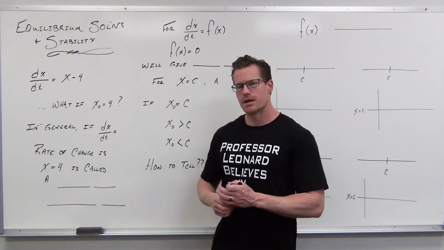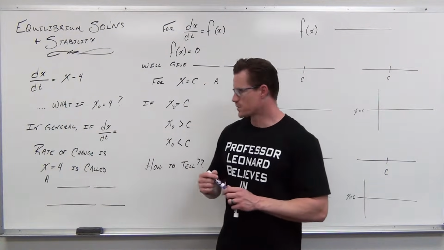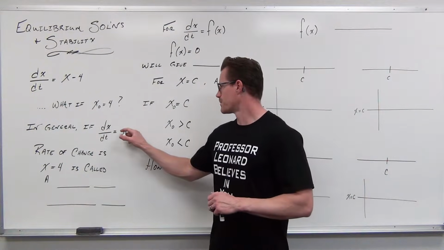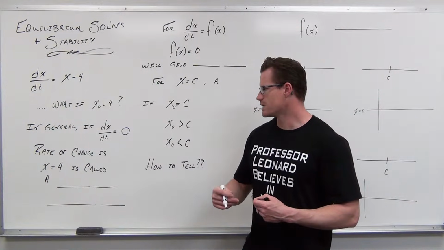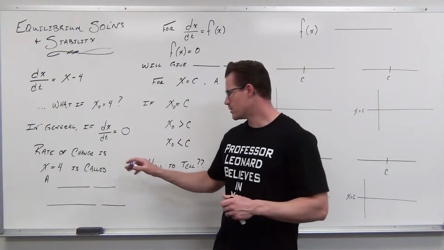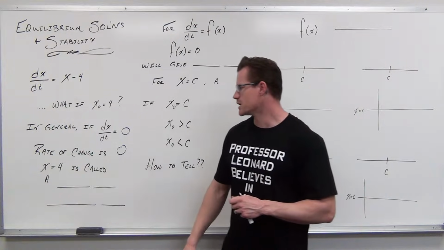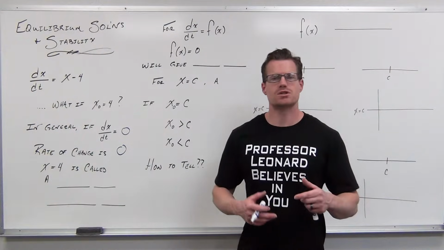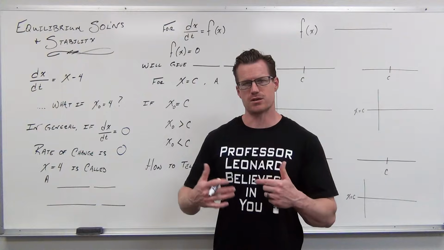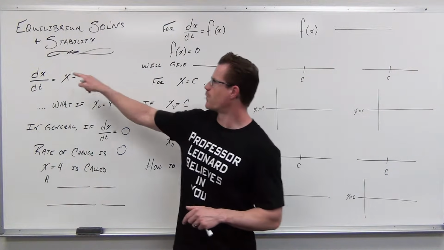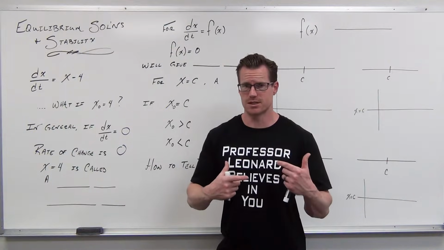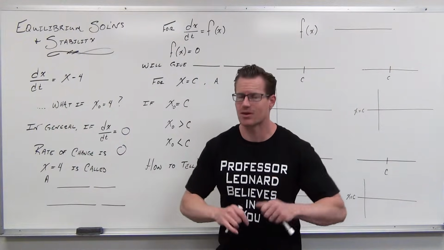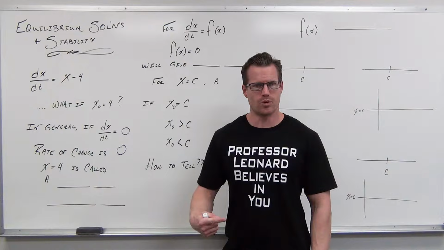In general, if our derivative with respect to time is 0, then obviously nothing would change here. The rate of change is 0. Nothing's changing. When that happens, so when you have this value, this point, like 4 in this case, or whatever is making your derivative 0, just like in Calculus 1, we call that a critical point. Did you remember that?